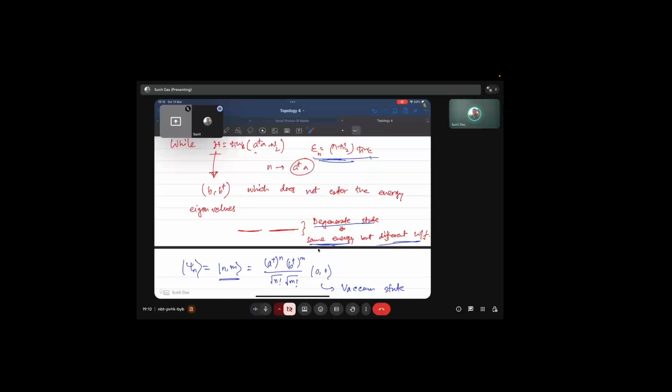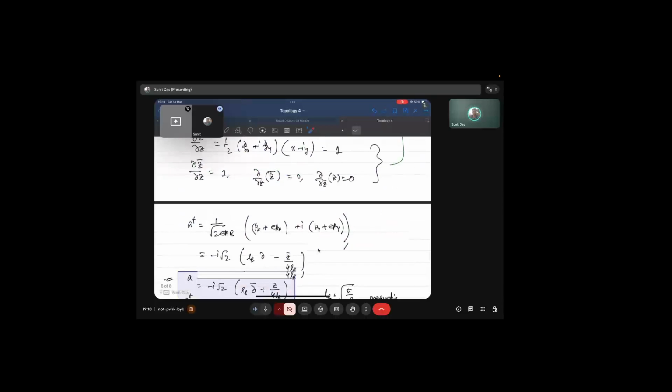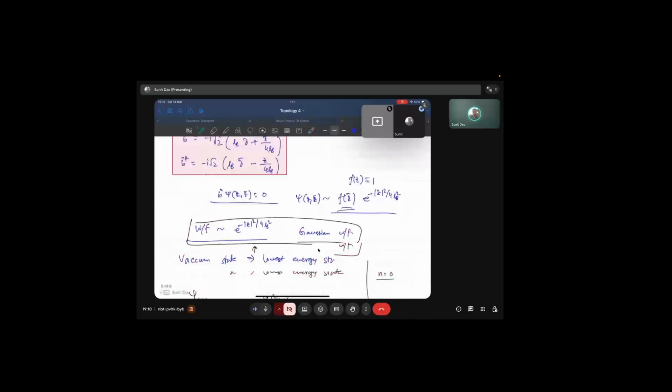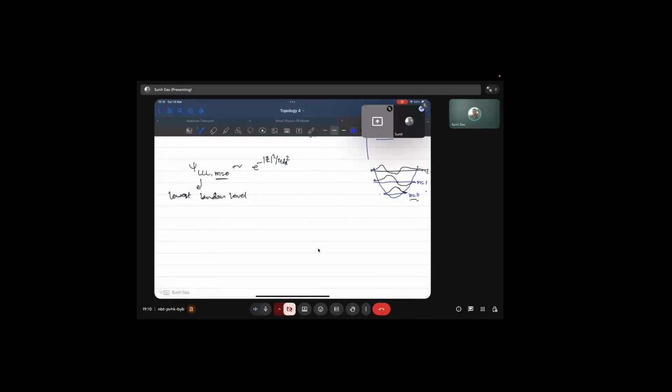So if we want to calculate the other states corresponding to the same energy, same energy at particular n, then what you need to apply is something like this.